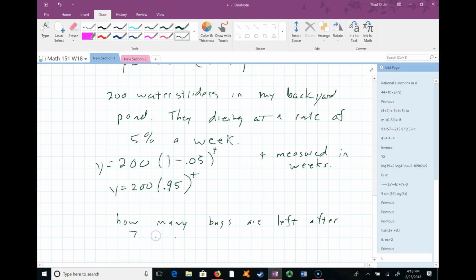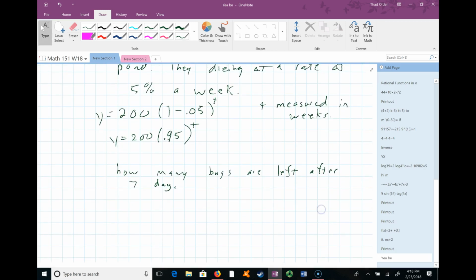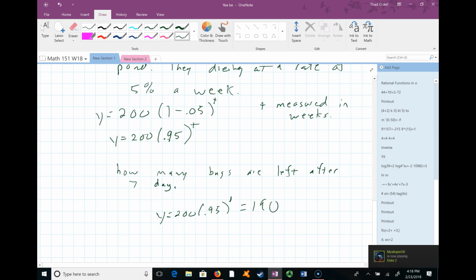I'm giving you the information in different units than you want, because we want to measure t in weeks. So y equals 200 times 0.95 raised to the first power, because in 7 days there'd just be 1 week. So 200 times 0.95 means there'd be 190 left.